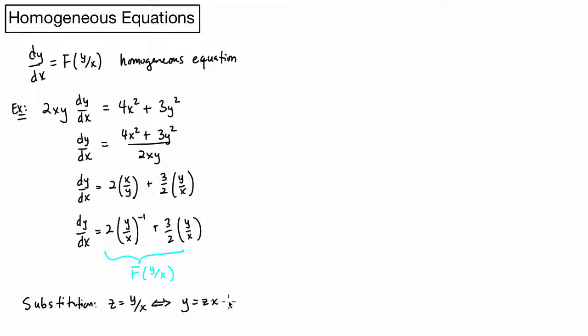And if you want to differentiate that, which you'll want to because you'll want to substitute in for dy/dx, because z is a function of x, if I take a derivative of this product, I have to use the product rule. So this is going to involve both product rule and chain rule. So you might want to bone up on those things this semester.